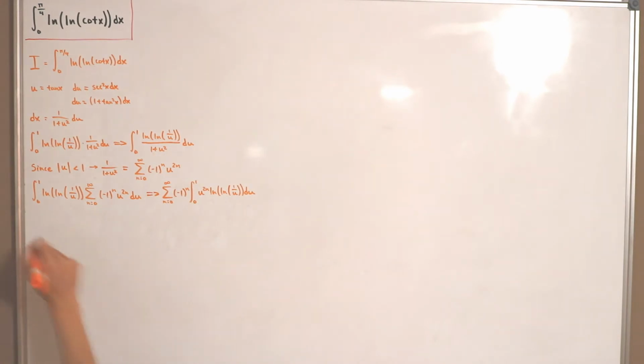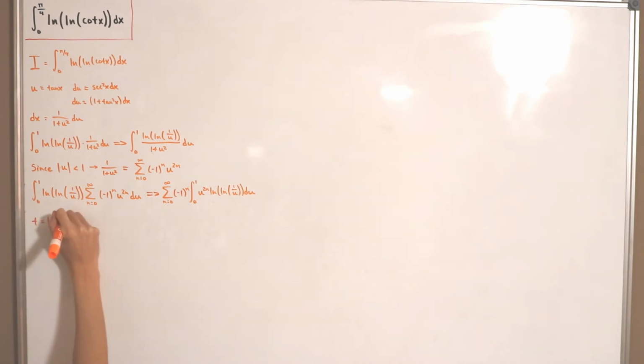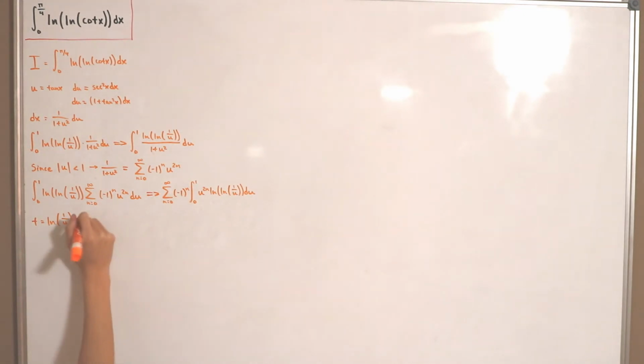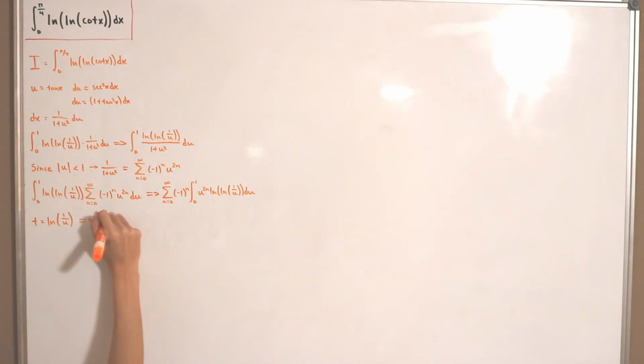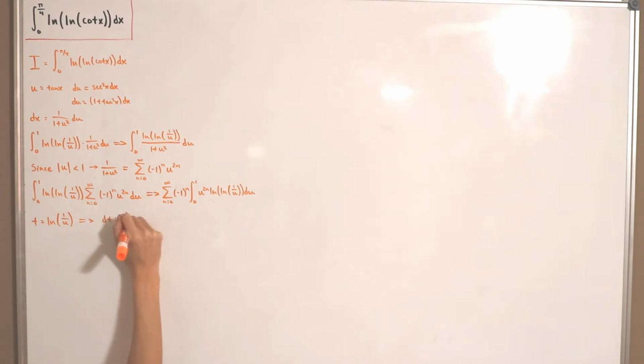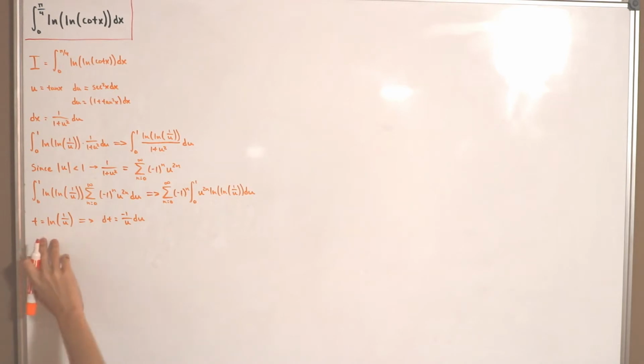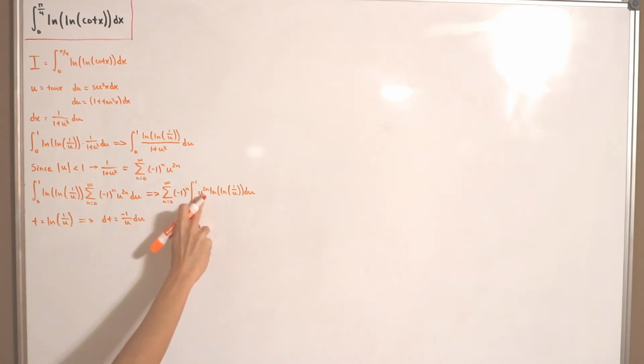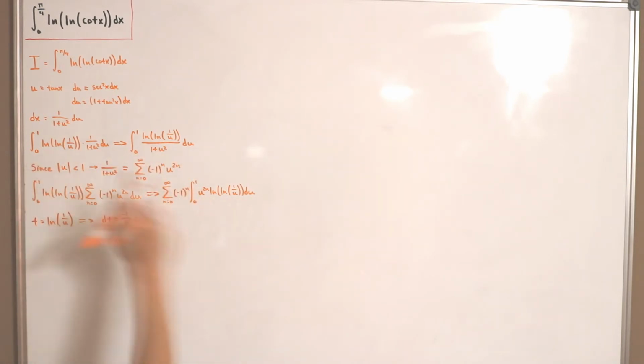This time, let's call it t. So t is equal to ln of 1 over u. That means dt is equal to negative 1 divided by u du. Because we want to substitute u with t, let's solve for u.